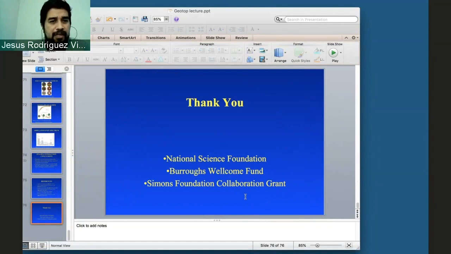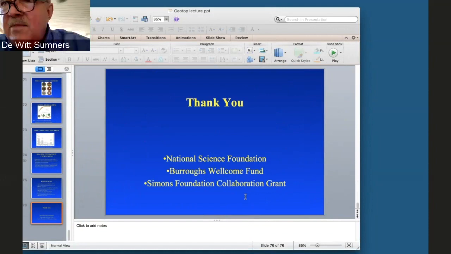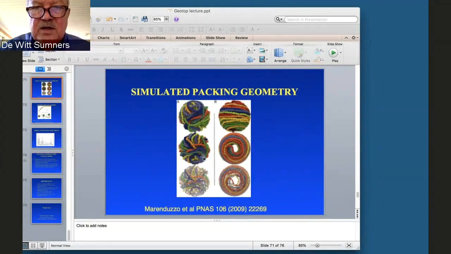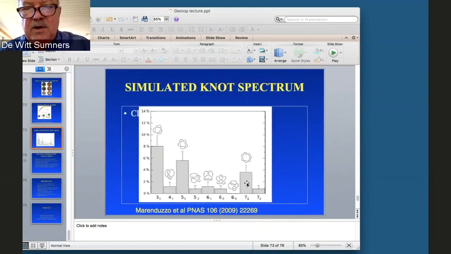Well, in your simulations, let me finish that question. In your simulation, were you able to replicate the results from experimentation? Yes. After we added in the cholesteric sort of angle business in there, that helped us get the correct picture of the surface order, and the correct sort of knot picture.